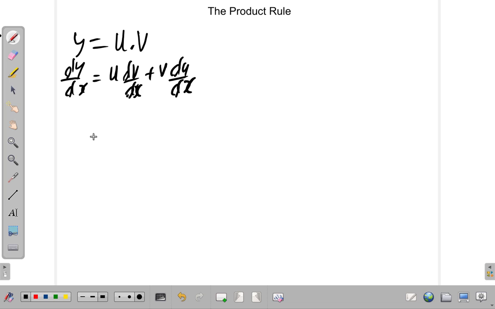Alright, suppose you have y is equal to, let's say, 3x squared plus 1 multiplied by x cubed minus 6.